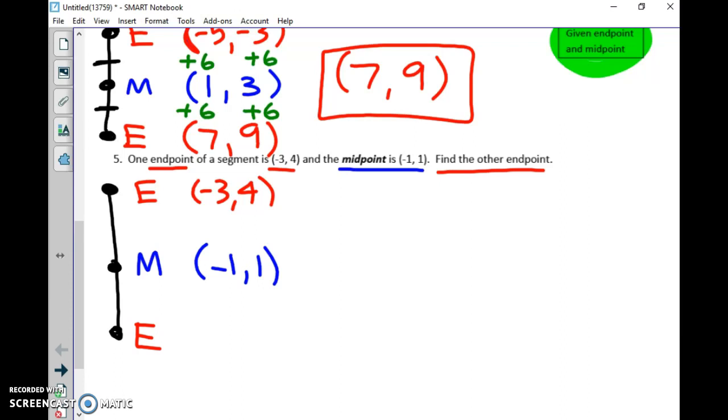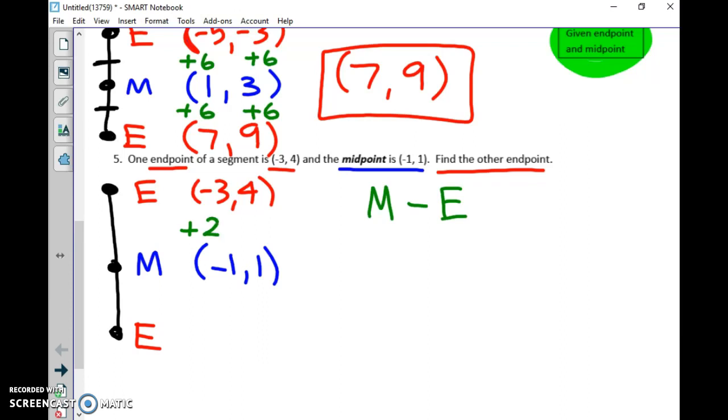Now, some people have trouble figuring out that difference, right? So let me give you a general rule. If you want to find the green numbers I'm writing, the difference, always take the midpoint number minus the endpoint number. So check it out. Negative 1 minus negative 3 does give you positive 2.